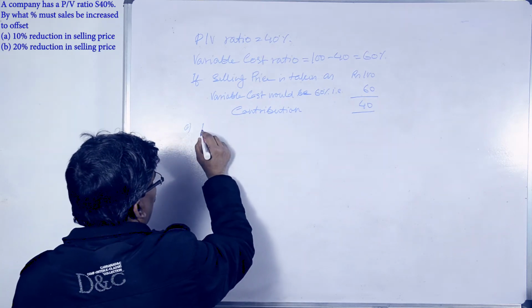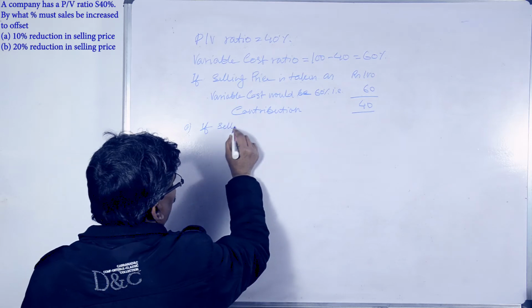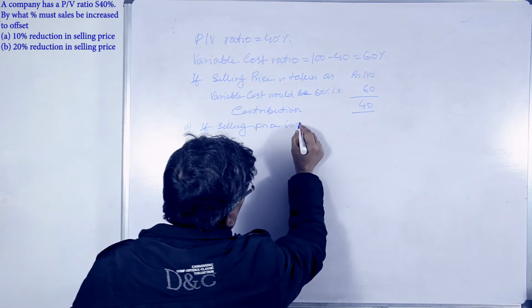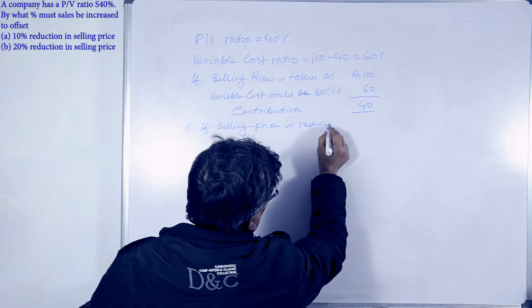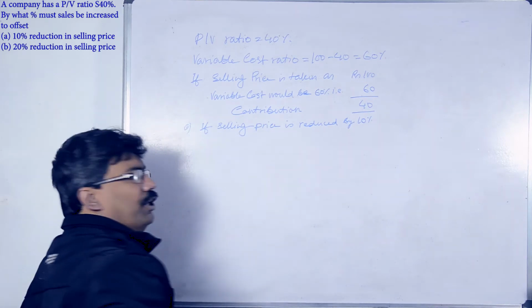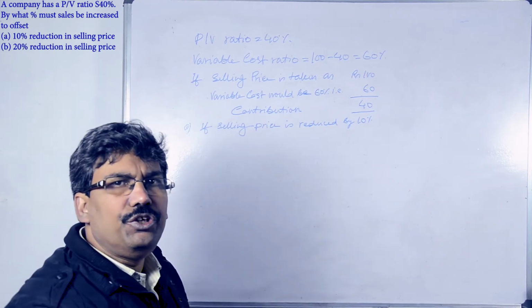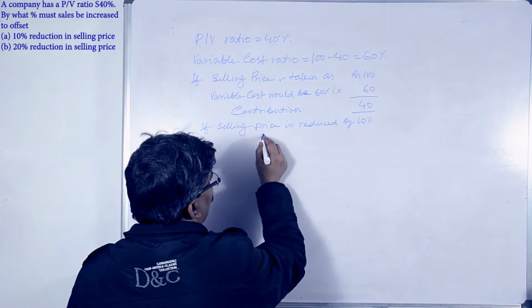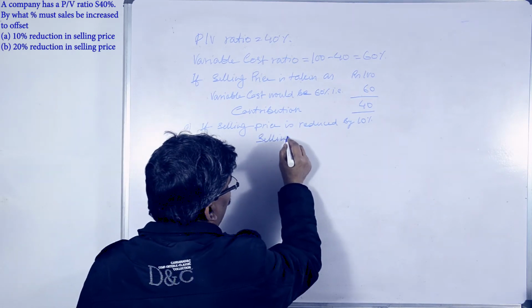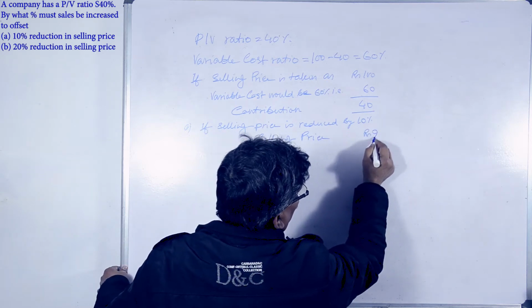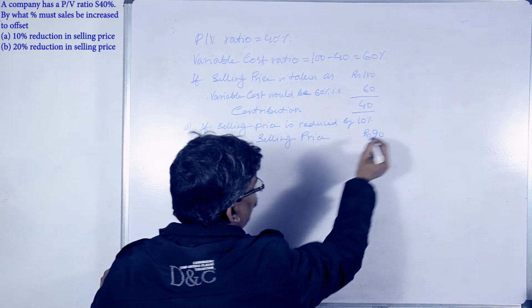Number A, if selling price is reduced by 10%, then we have to see the changes in PV ratio. If selling price is reduced by 10%, selling price will be rupees 90, because it was rupees 100, 10% reduced means it is 90.